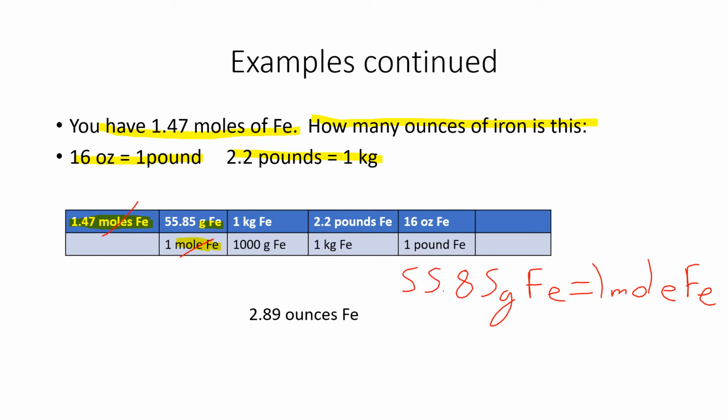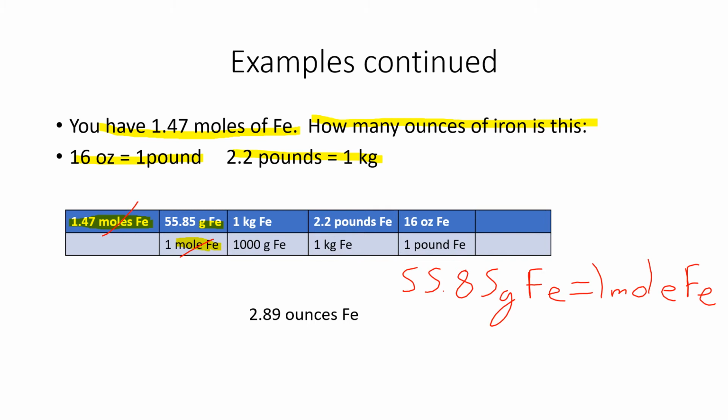This has really changed. We took care of all the new information right away in this first step. Everything else, going from grams to ounces, we're just going back to those conversions that we did in the first unit. It's really now a first unit problem, not a second unit problem. We took care of the new information with the grams and the moles. Now it's just going grams to ounces.